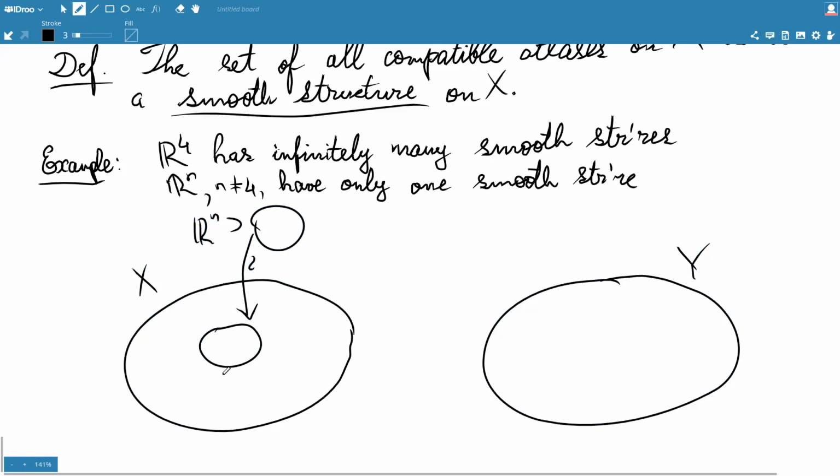So if this is, say, U, and here we take any open subset, this is respectively phi of U. So we have the corresponding chart. Here we have, respectively, say, let me denote it by V.